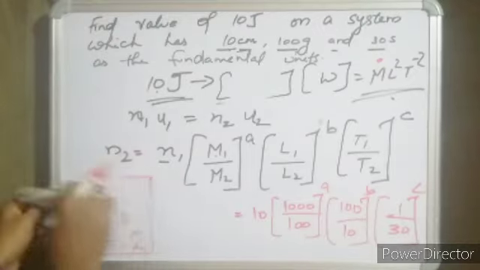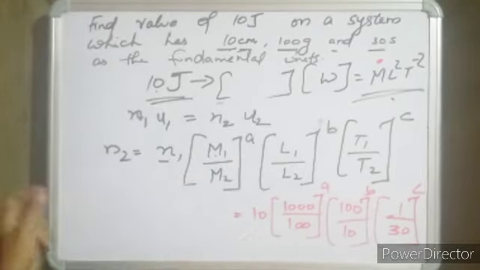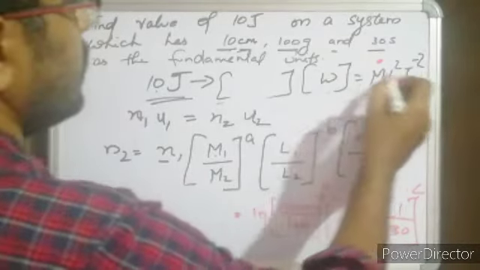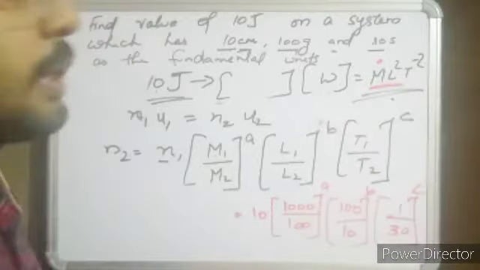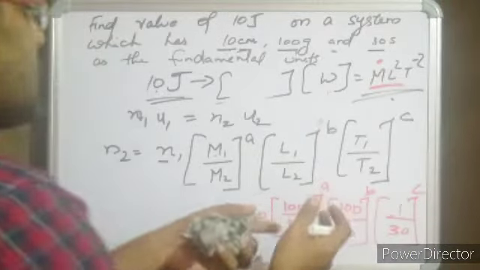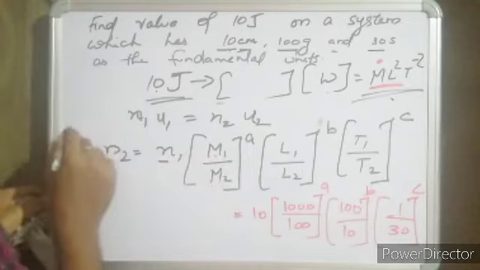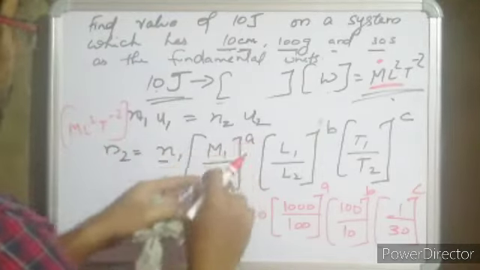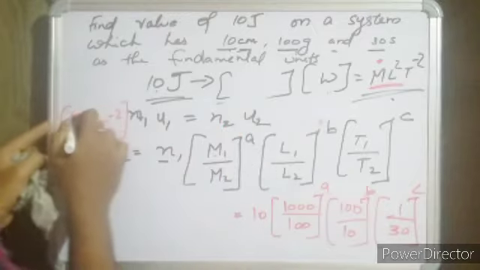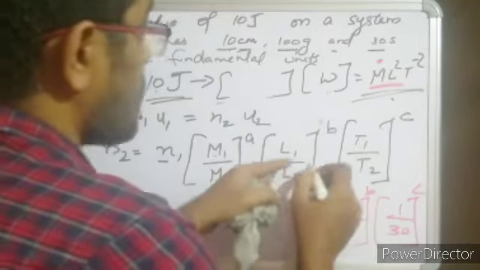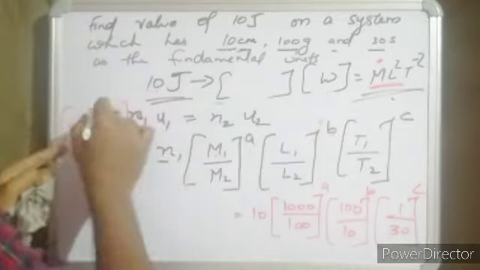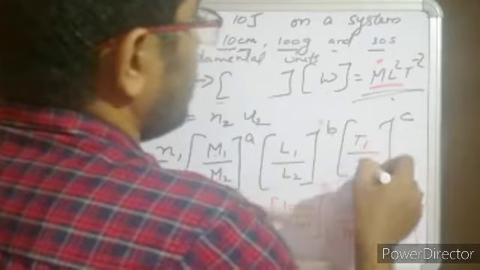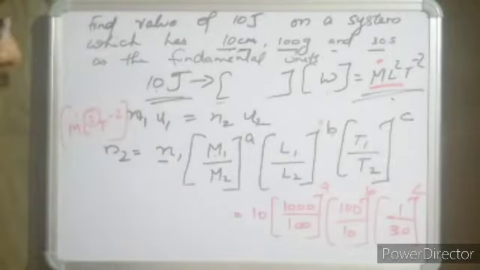Because the dimension, though they are different, the work has a dimension M L square T raised to minus 2. So you are equating this particular equation to M L square T raised to minus 2. So the ratio of M is equated to the power of M, the ratio of L is equated to the power of L square, T1 by T2 again equated to T to the power minus 2.